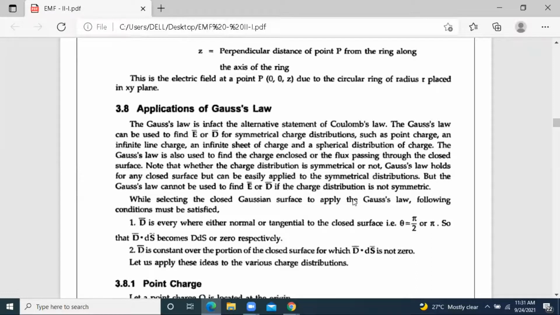So here are your conditions. I'll read through this.